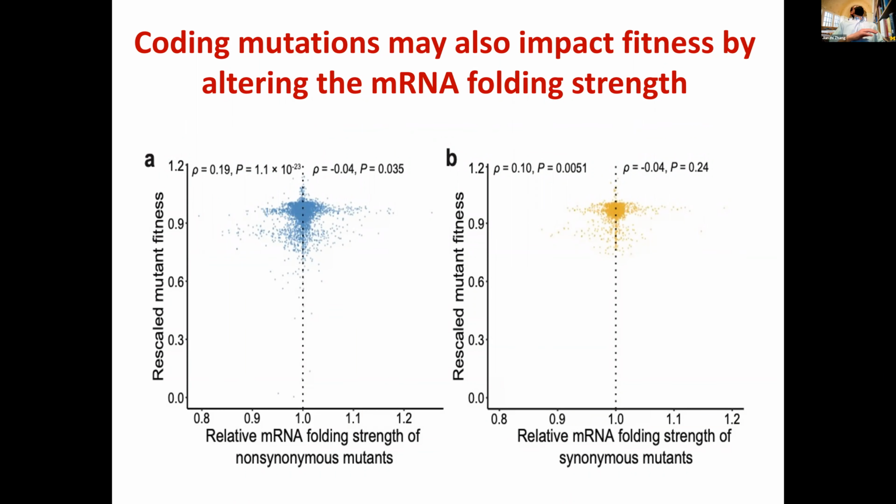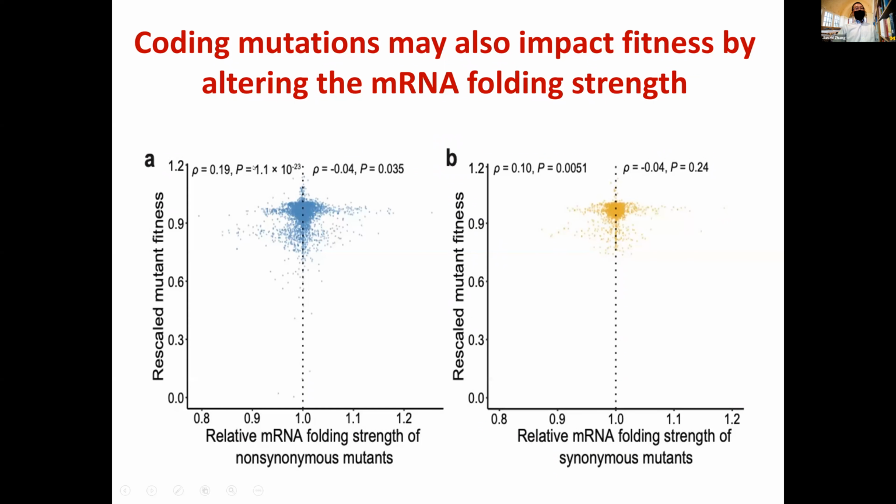Earlier I mentioned the Lind et al. paper, in which they showed that in ribosomal protein genes, synonymous and non-synonymous mutations affect fitness probably through affecting mRNA folding. So we checked the mRNA folding. This is computationally predicted mRNA folding. There's a little bit of correlation. The x-axis here is the relative folding strength of the mutant to the wild type, and the y-axis is the rescaled fitness.